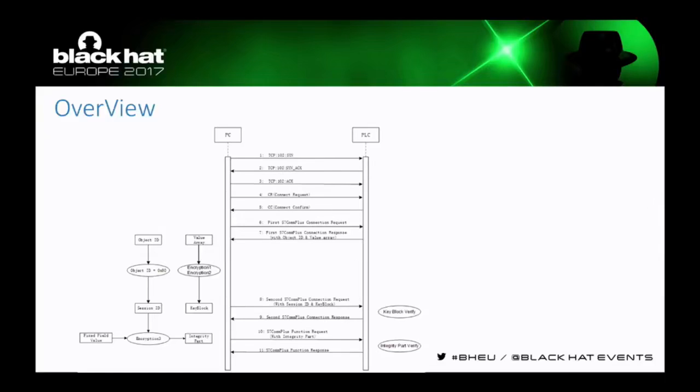After the connection has been finished, the PC can send the function packet with the function encryptions, which are calculated from the session ID through an algorithm we named encryption 3. Receiving this packet, the PLC will verify again. If the encryption part is verified correctly, the PLC can be controlled by this packet. So this is the whole process.